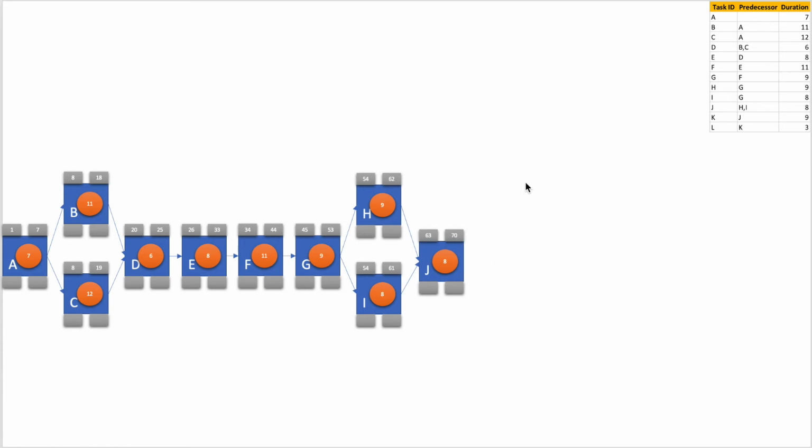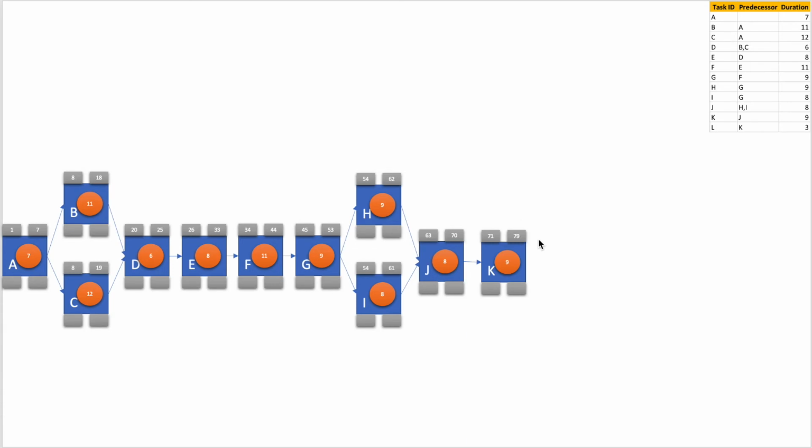Next we go for activity K. Activity K takes 9 days. It follows activity J. So this should start on the 71st day. And 71 plus 9 is 80 minus 1, 79.